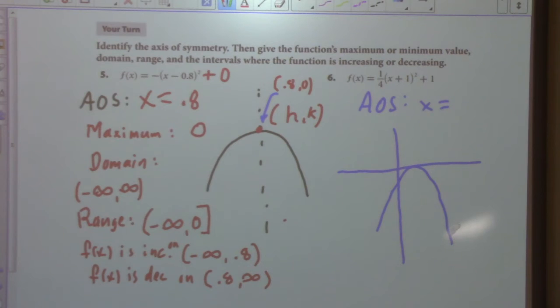So it's right here like this, and so 0 is our maximum value, which is k. So k is related to the range. So this value of k, in this case 0, is going right here. Okay, does that make sense?